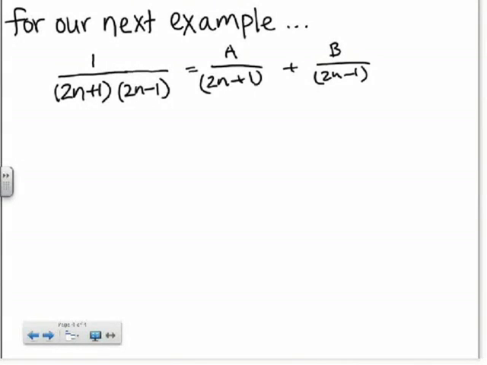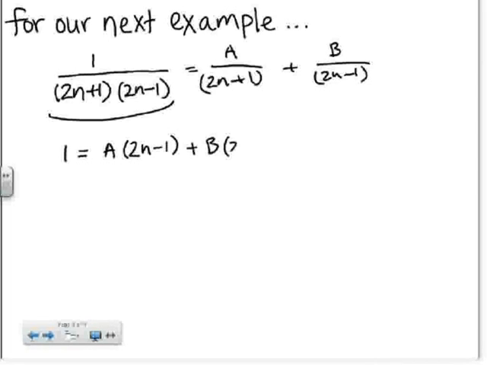The next step will be to multiply both sides by 2n plus 1 times 2n minus 1, and we'll get 1 equals a times 2n minus 1 plus b times 2n plus 1.